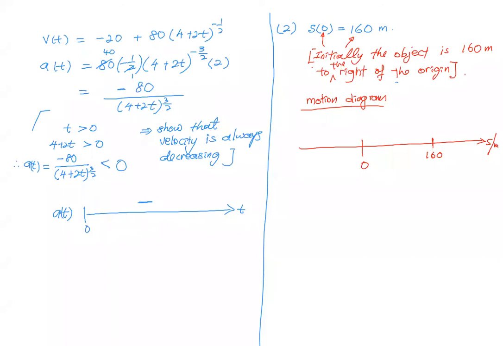This is the starting point. When I observe the motion, the object is here at the beginning. I can change the question to, where is the object at the beginning?